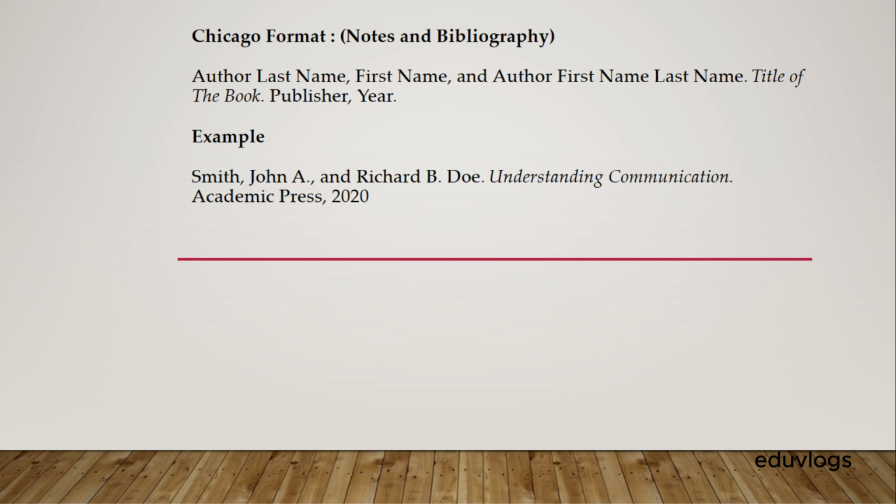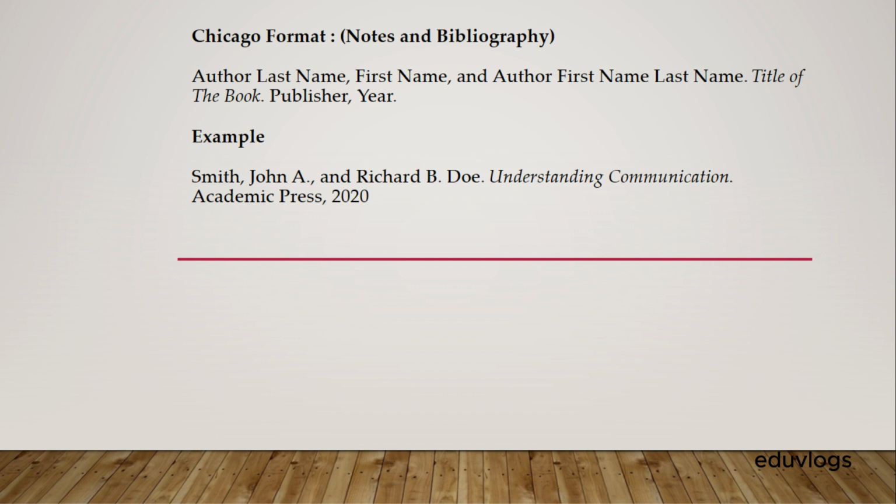So you start with the last name for the first author, and for the second author, you start with the first name of the second author. You wouldn't start with the last name of the second author. Then followed by the title of the book, the publisher, and the year, which is quite similar to the MLA style.